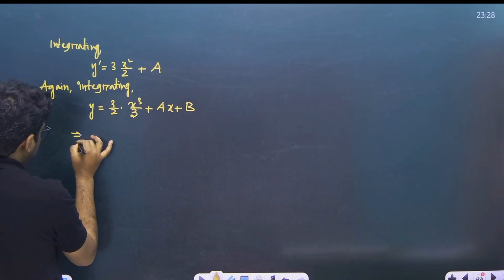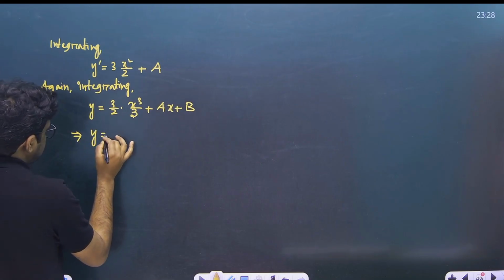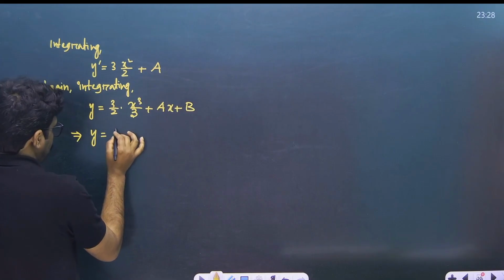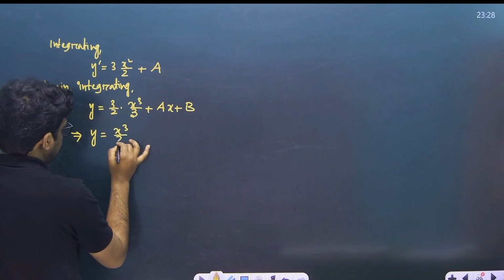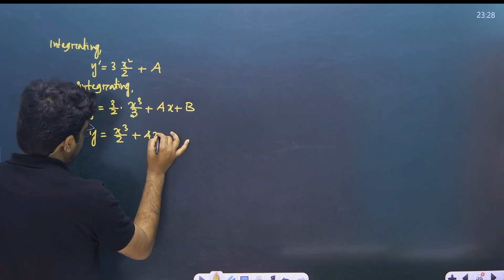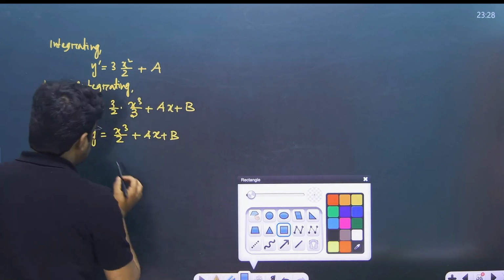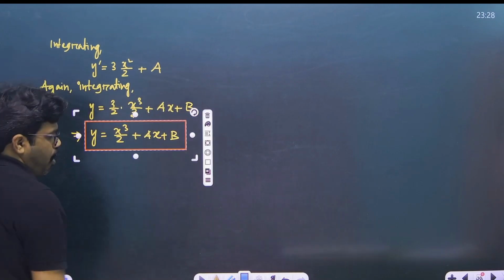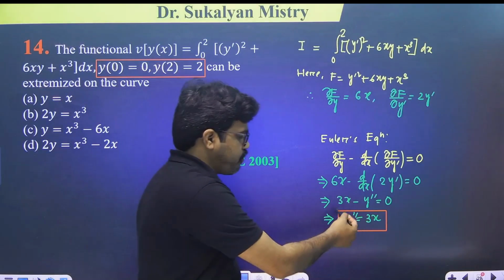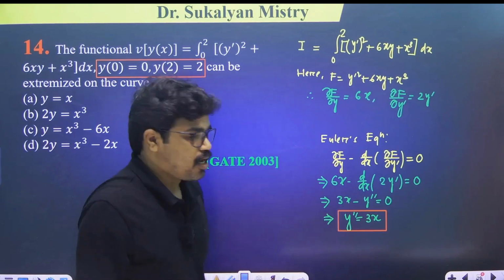So the solution of the differential equation is y is equal to x cube by 2 plus ax plus b.